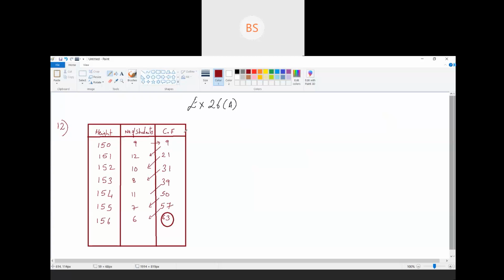So first thing they've asked us is median. So median will be n plus 1 whole divided by 2th observation. So that will be 63 plus 1 upon 2. That is 64 by 2, 32nd observation. So what will be the 32nd observation here?